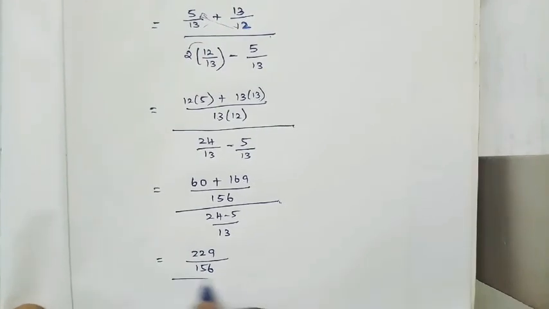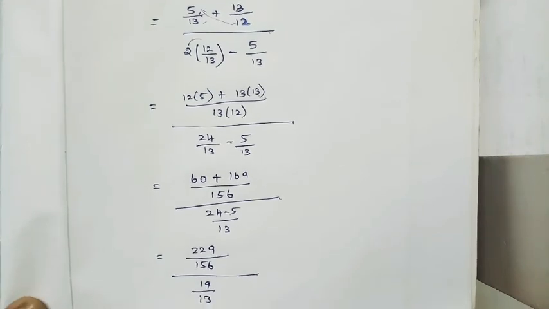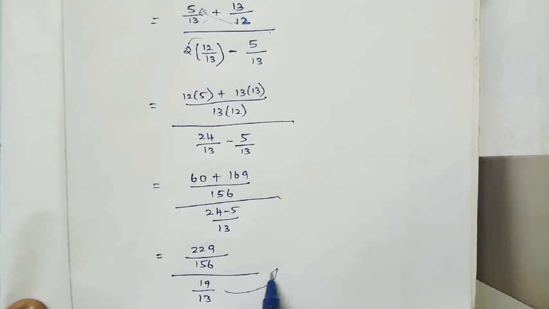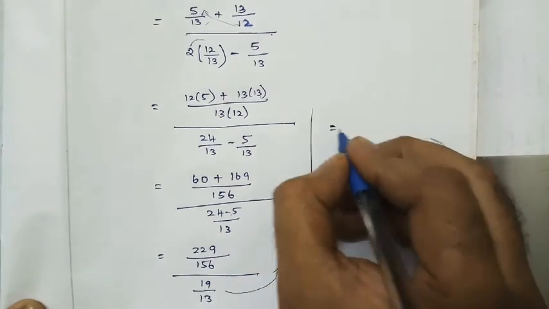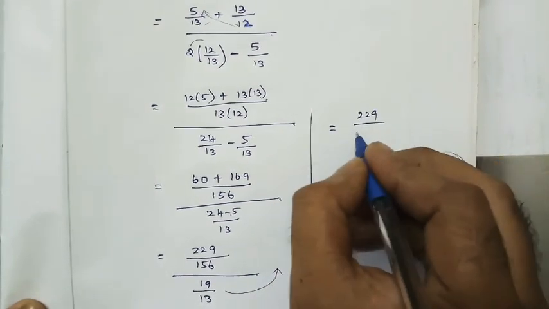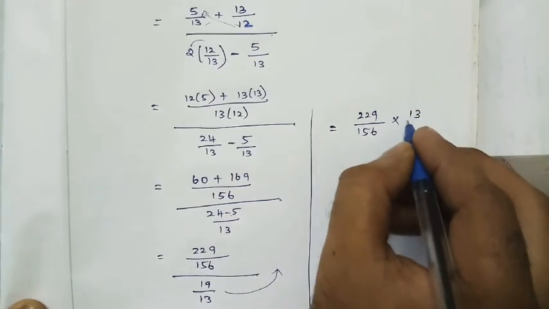That is very important. Taking 19 by 13 to the numerator, it will become reciprocal. So it is equal to 229 divided by 156 into 13 divided by 19.